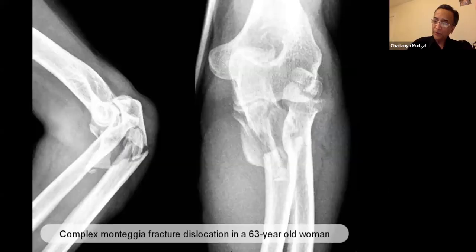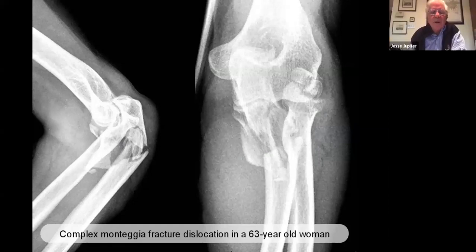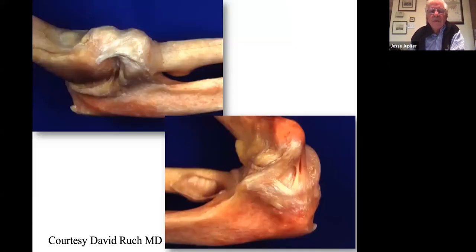Should complex proximal ulnar fractures be eponymously addressed anymore, or are they oftentimes a continuum transitional lesion between various injuries? Okay. Well, this is what we're talking about. We're talking about this pattern of injury.